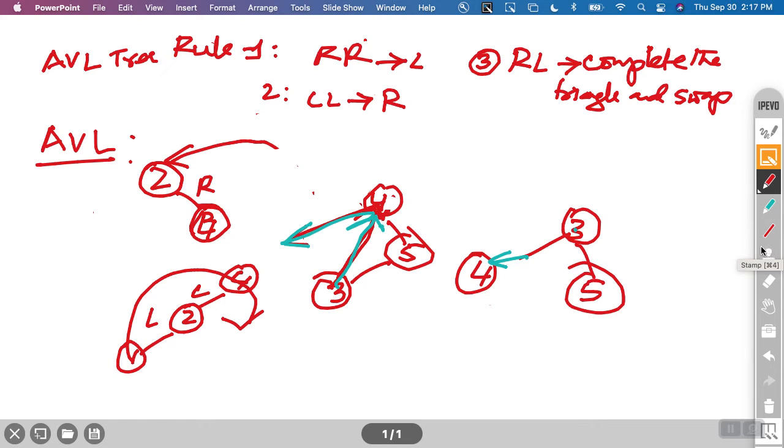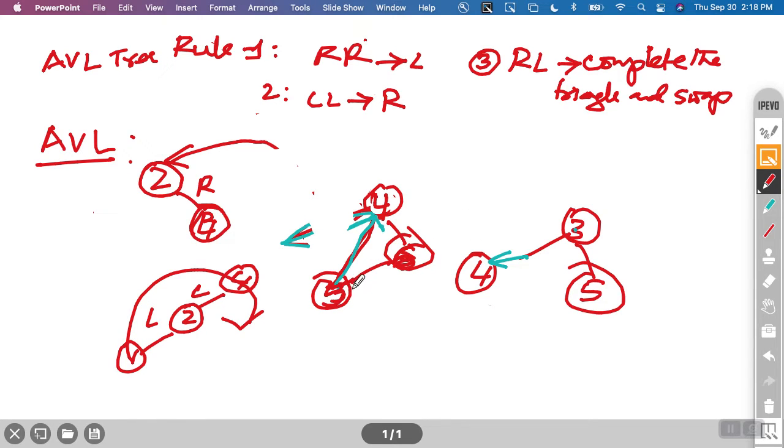Actually, if I have 4 over here, and then instead of 5, if I have 6 over here, and if this is 5, now it will work.